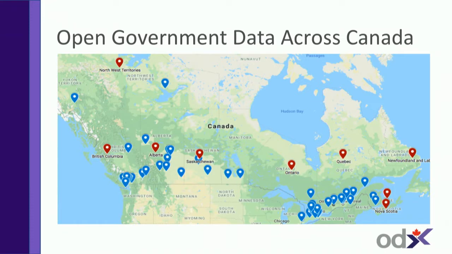And then when you get to the municipal level, cities the size of Toronto or Edmonton, which has really done quite well in terms of promoting open data, are in the neighborhood of 1,900 to 2,000 data sets. Smaller municipalities may have a couple of dozen data sets. So it varies from jurisdiction to jurisdiction and territory to territory, but there's certainly a lot of potential opportunity in the country to find data that could be useful for you.